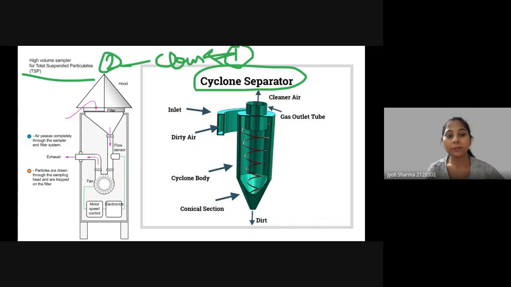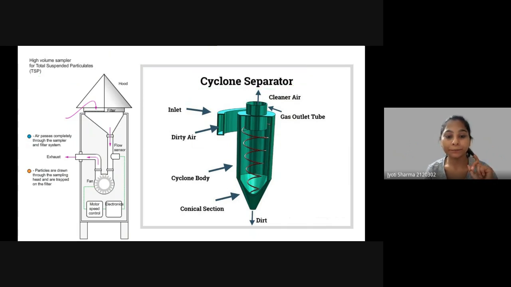Under classifier we may have cyclone based, or high volume sampler, which is based on impactor. The principle is different. For the cyclone we rely on centrifugal forces, but for the high volume sampler we rely on the impactor.